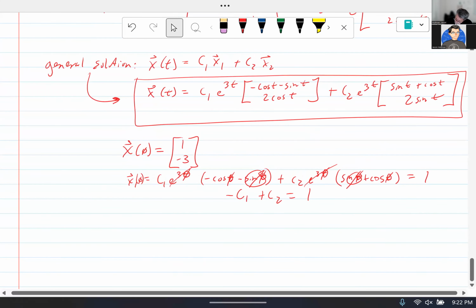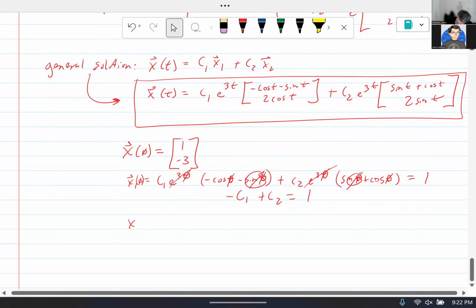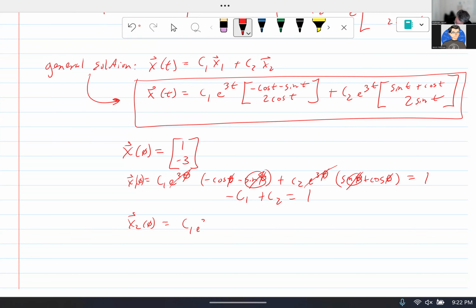Okay, and then what's the next one? Well, the next one would be x2 of 0 is equal to, now we're going to go the bottom route, c1 e to the 3t times 2 cosine t plus 2c2 e to the 3t times sine t, and that is equal to negative 3. Again, we plug in our 0, so that goes away, that goes away, and this goes to 0, which wipes out that entire term.